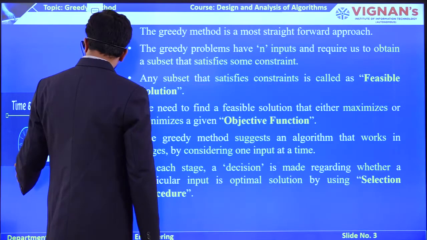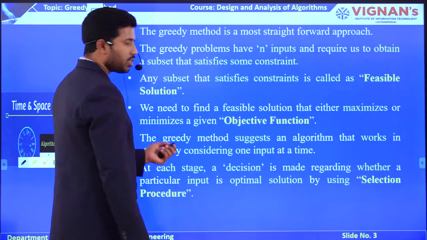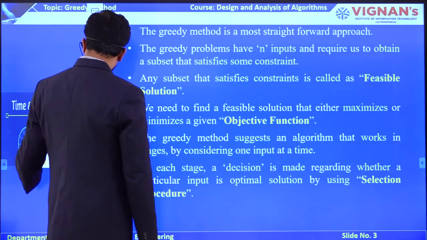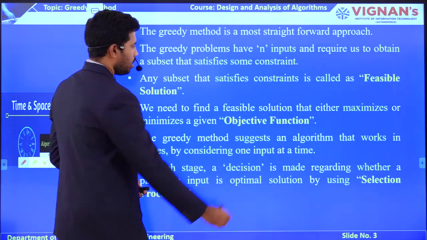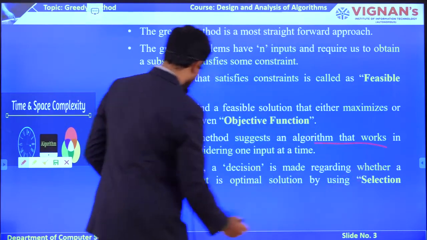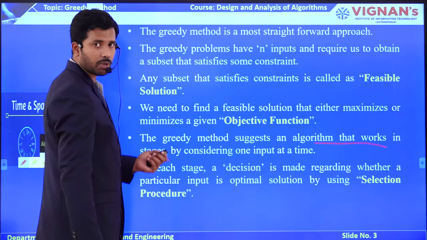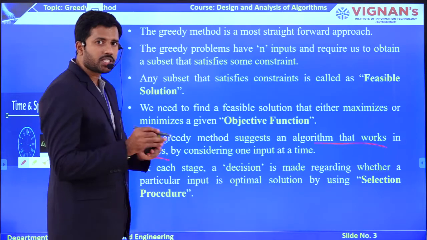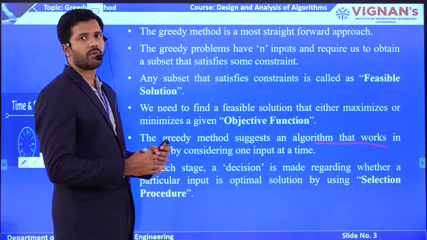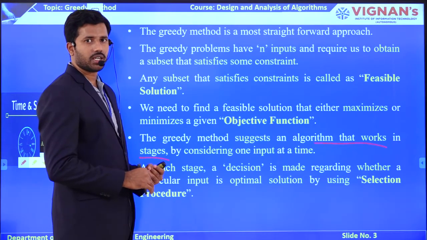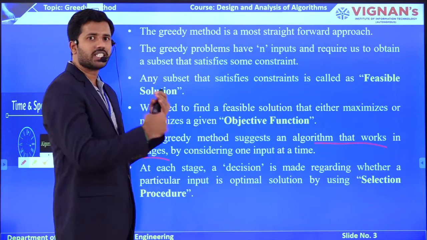Now let us focus on how this greedy method works. The greedy technique suggests an algorithm that works in stages, as I said previously. Stage by stage you apply this technique. Why? Because it does not have the memorization capability to store the previous iteration results.